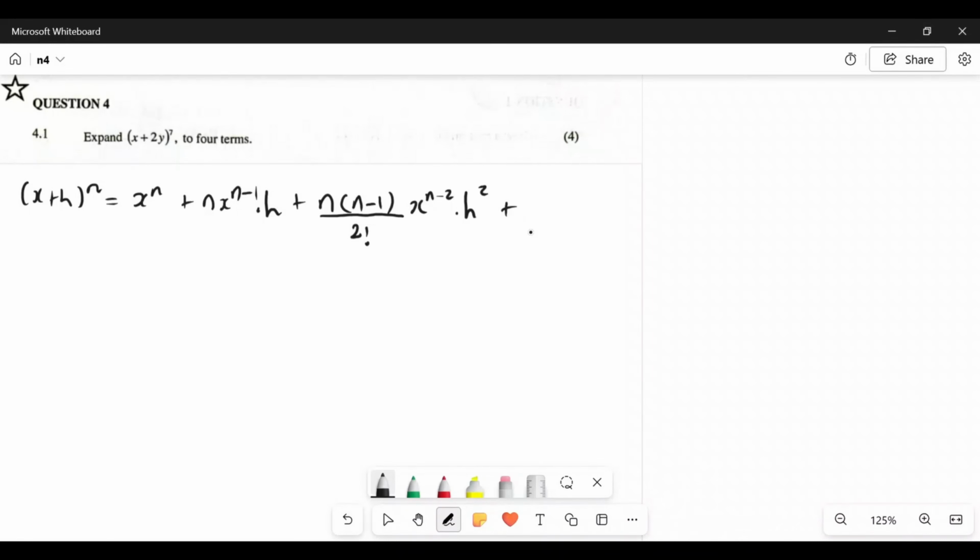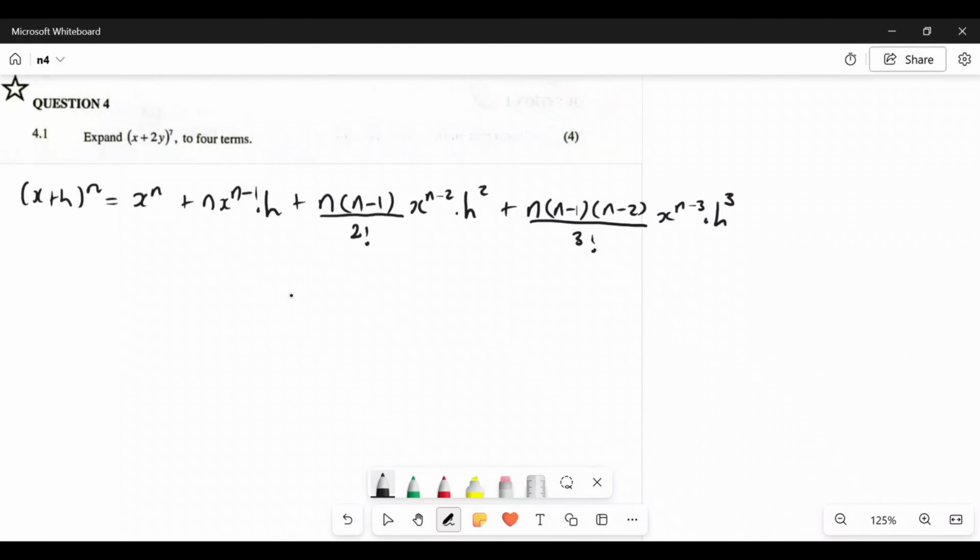And then the fourth term, which is the last term, is n multiplied by n minus 1 multiplied by n minus 2, all divided by 3 factorial and multiplied by x to the power of n minus 3 multiplied by h to the power of 3. Right, so this is the formula for the binomial theorem.